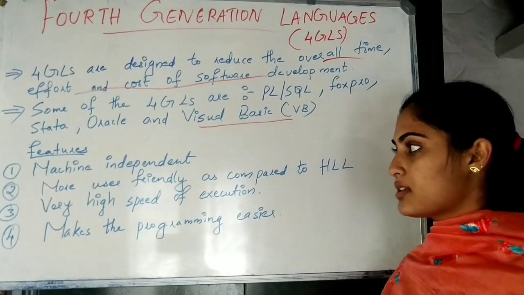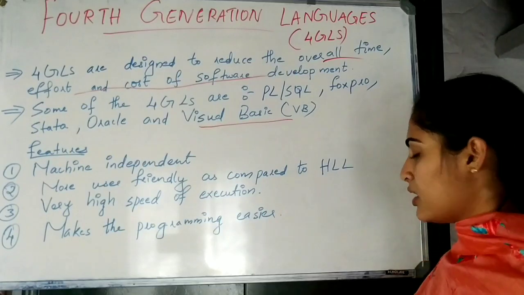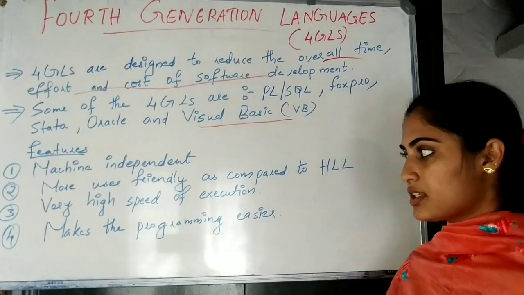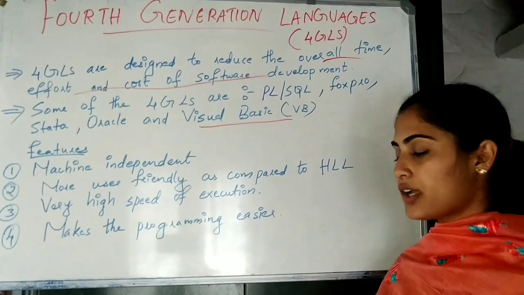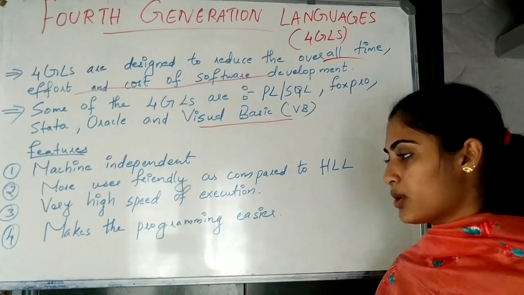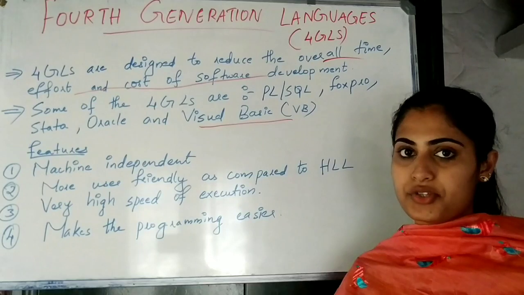Okay. And second point is they are more user friendly as compared to high level languages. And third point is they have very high speed of execution. And fourth point is it makes the programming easier. These are the features of fourth generation languages.